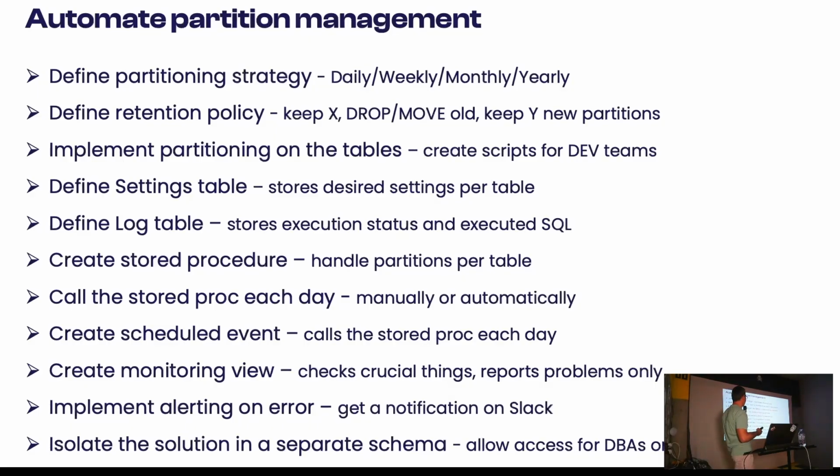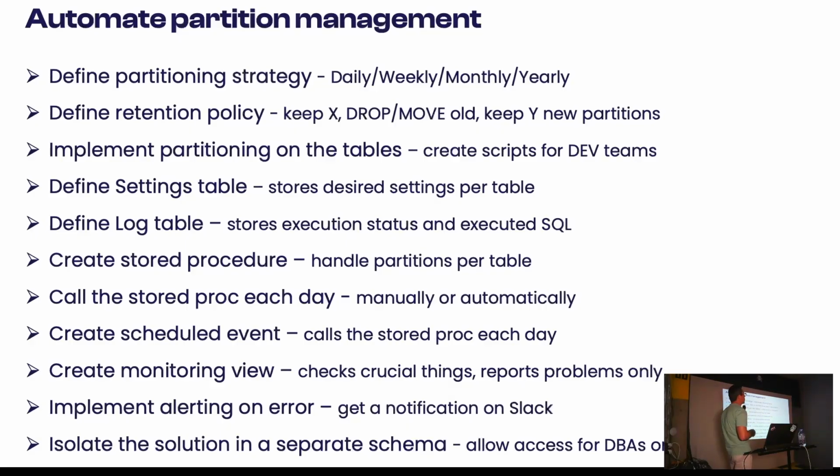So if we create partitions now on some tables and say create partitions for the next 30 days, it will create partitions for May, let's say. And if we execute the same statement in September, it should generate partitions for September, not for May. So you cannot put fixed values for the dates there. You need to have a dynamic script that is going to create proper partitions at the moment that it is executed.